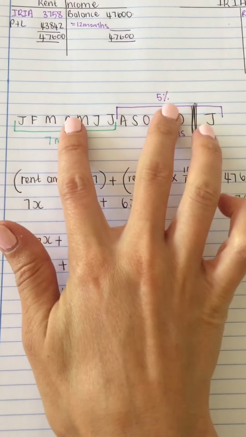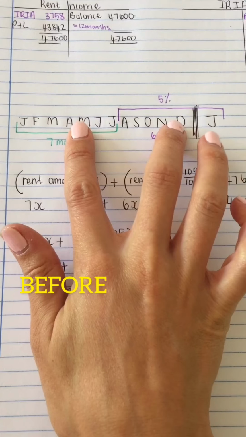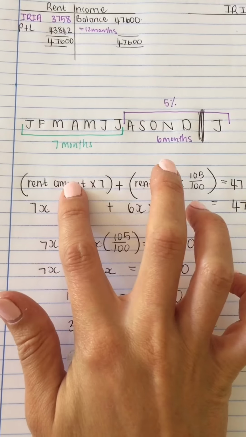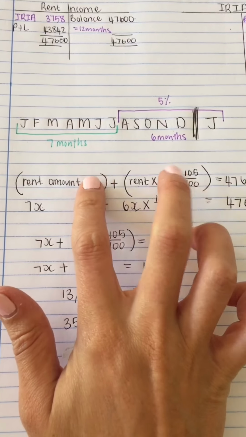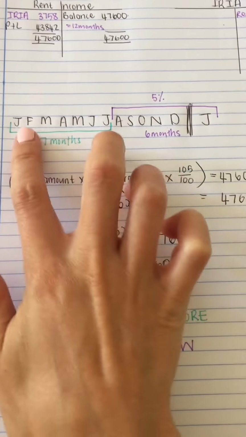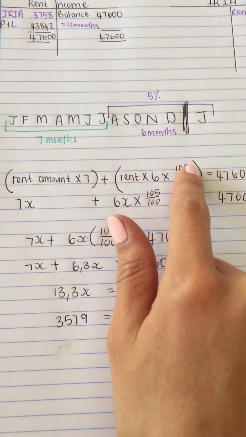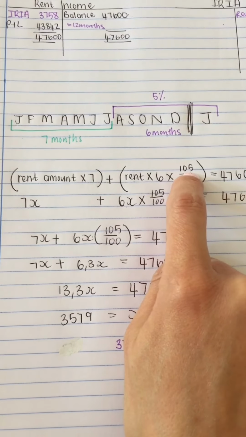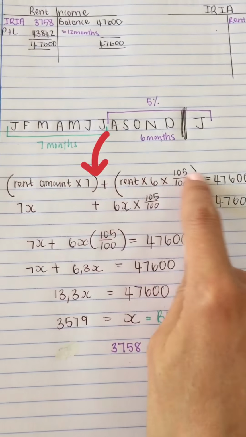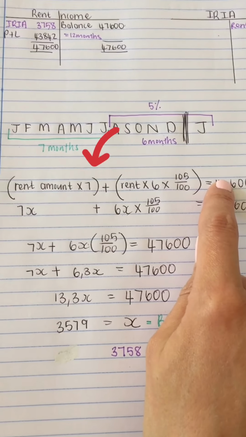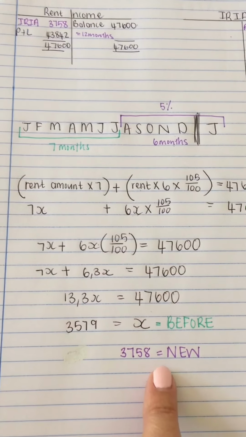So you'll always have to split it into before and after the increase. And these two must add up to how many months rent you received. I can give you 10% instead of 5%, and then you just put it in there. So if you've got this, no matter what I give you, you'll be able to work this whole thing out.